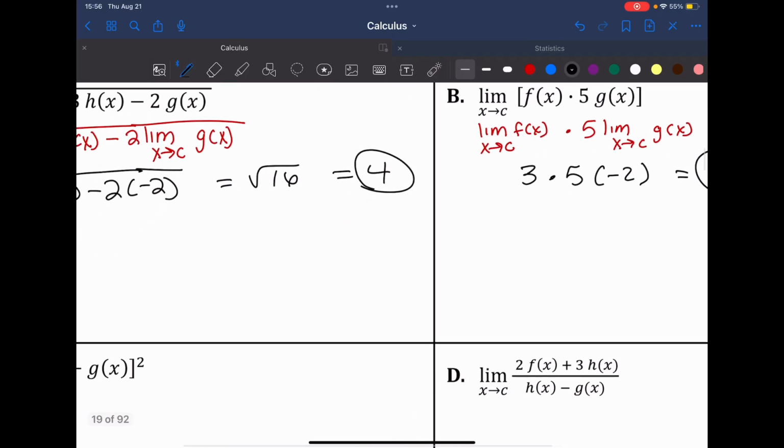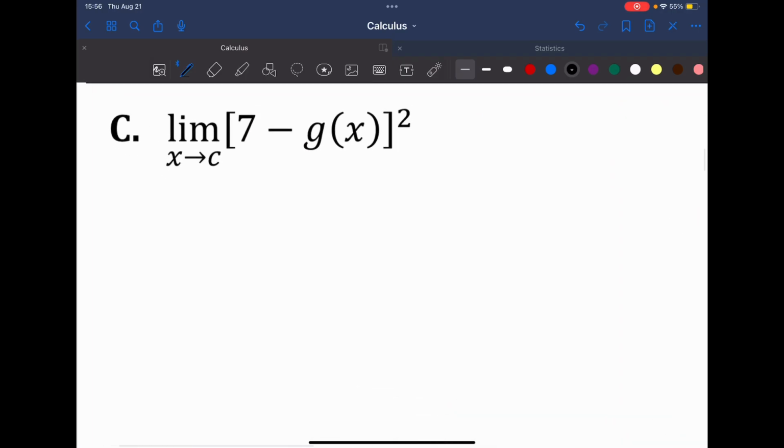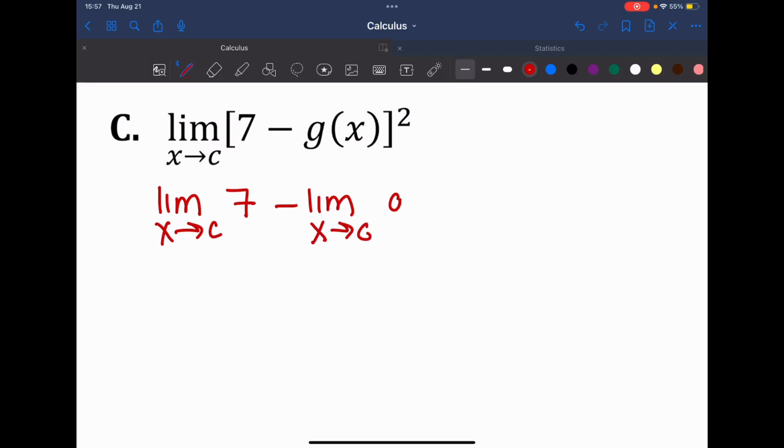Okay. For C, I have several properties here, one of them being the constant function property. And so I have the limit of x approaches c of 7, minus the limit as x approaches c of g of x, and it looks like the whole thing is being squared.